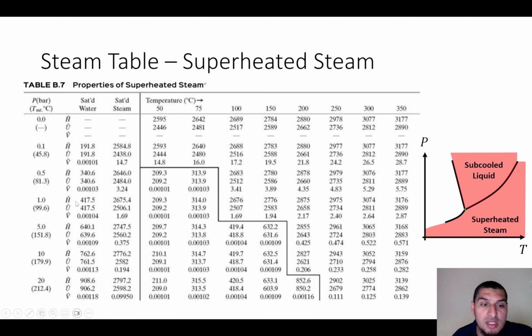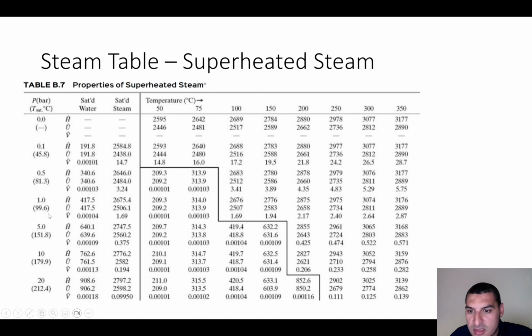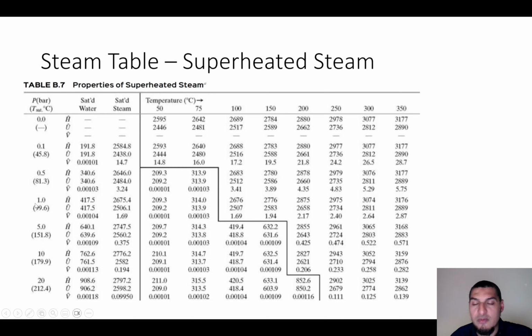These numbers are already available in the previous tables. So 0.5 is not here, but 0.5 will be the number directly before this. It is going to be 82 for 81. Here it says 81.3. So this is what we're saying. But let's check 1. If you check the pressure of 1 at 1 bar, it is 99.6, which is 99.6.